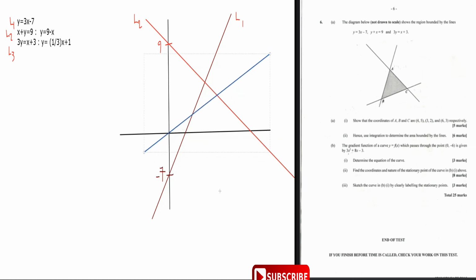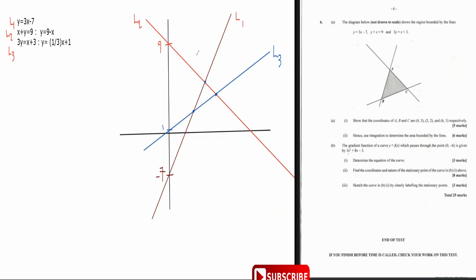No, let me make it a little better. This can represent L3, and this is y-axis intercept plus 1. I just like to put it on a graph. It makes it easy for me to see what's going on. So this is L3. Now the 3 points of intersection are here, here, and here.